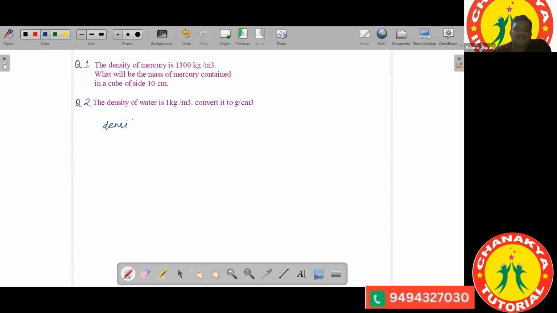We write the density as equal to 1 kilogram per meter cube, right? To convert it to CGS unit, we need to convert this kilogram to gram and meter to centimeter. So 1 kilogram is equivalent to 1000 gram, right? And 1 meter is equivalent to 100 centimeter.